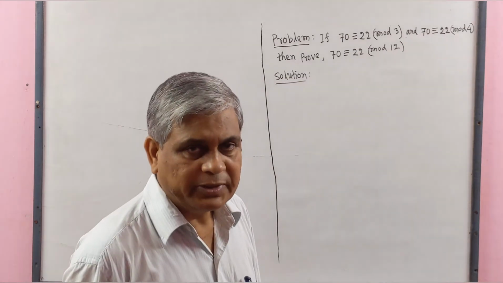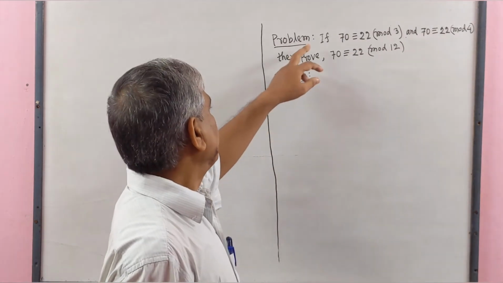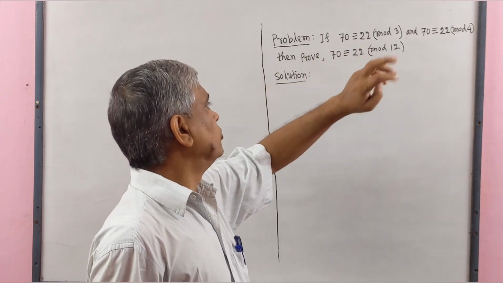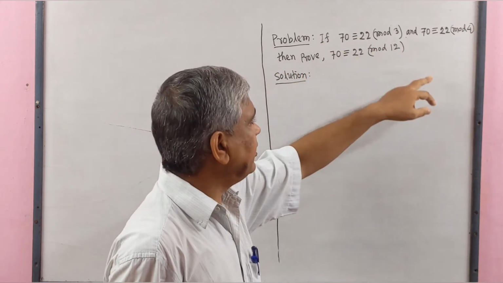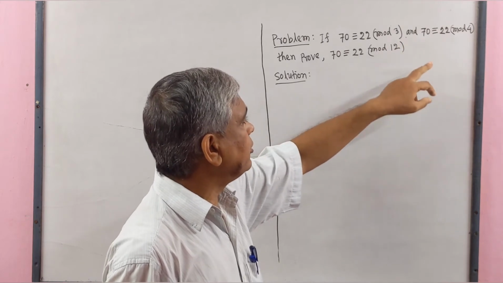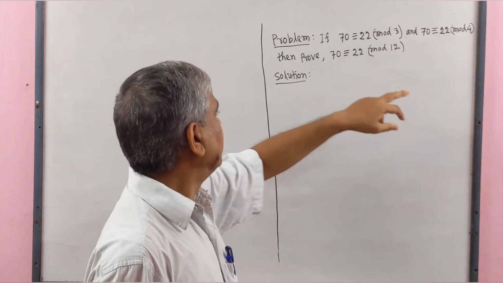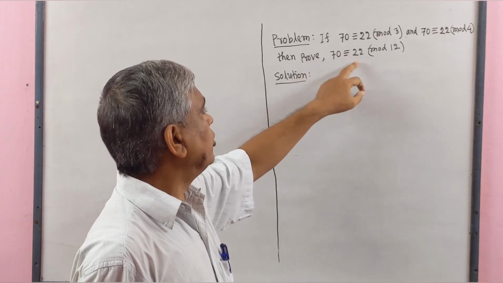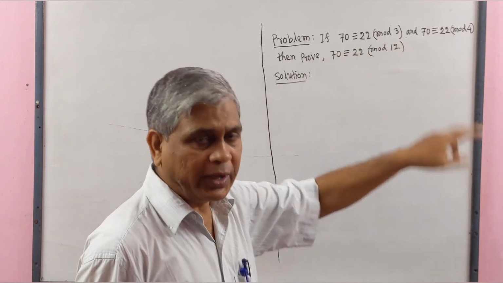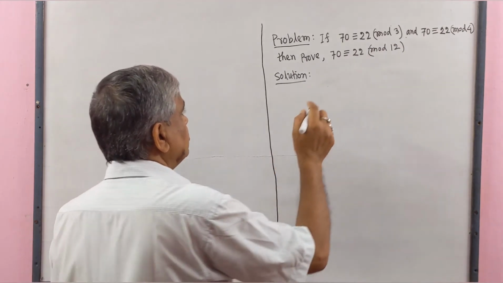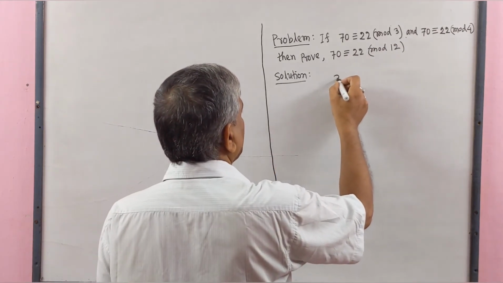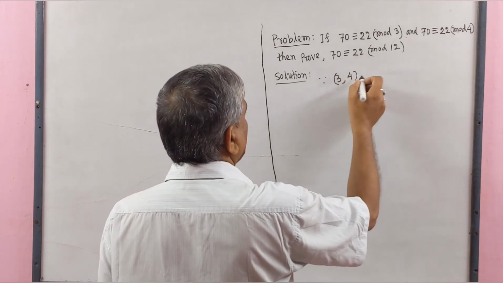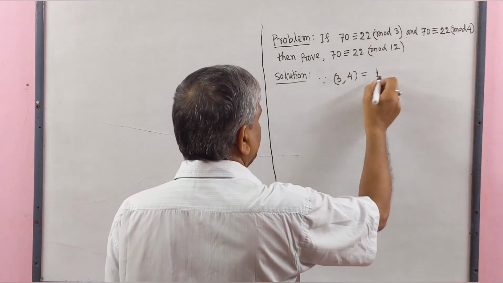Now we solve the next problem. Problem is if 70 is congruent to 22 modulo 3 and 70 is congruent to 22 modulo 4, then prove that 70 is congruent to 22 modulo 12. Here GCD of 3 and 4 equal to 1.